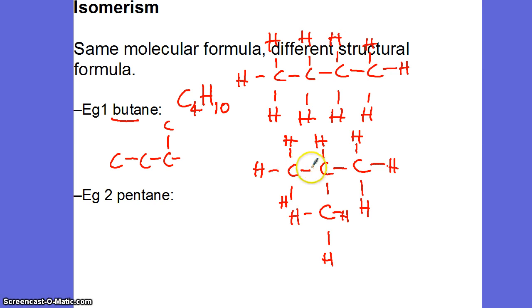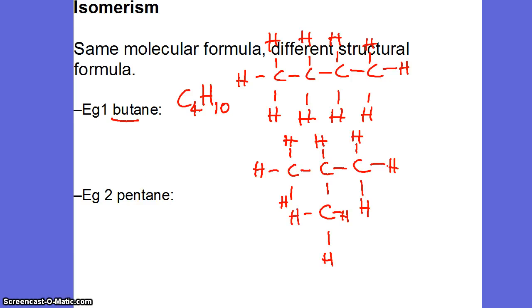What's different about this one is it has a junction in it, okay, a T-junction, so that's no longer a straight chain of carbons. And what you should be able to do is then apply this to pentane. Okay, so pentane has 5 carbons. You can then see about working in a T-junction onto pentane.